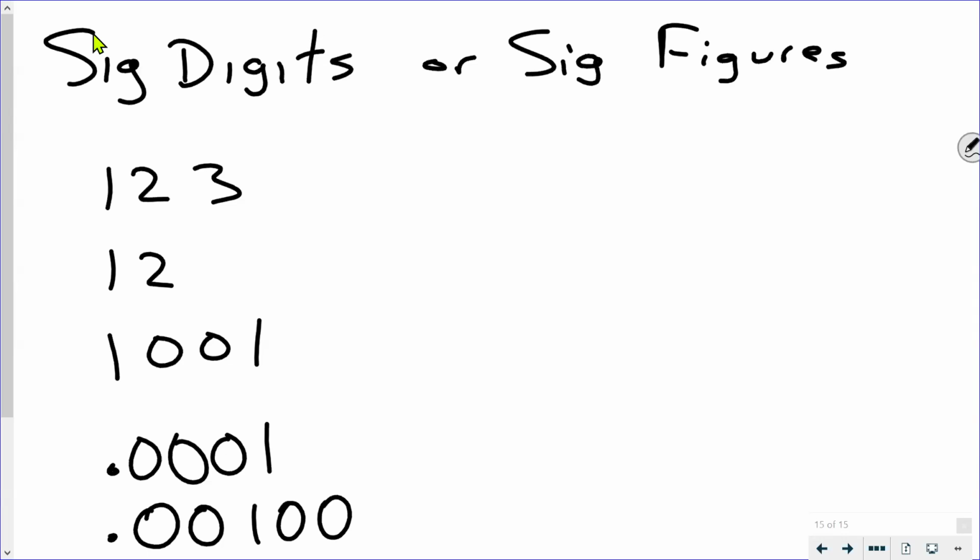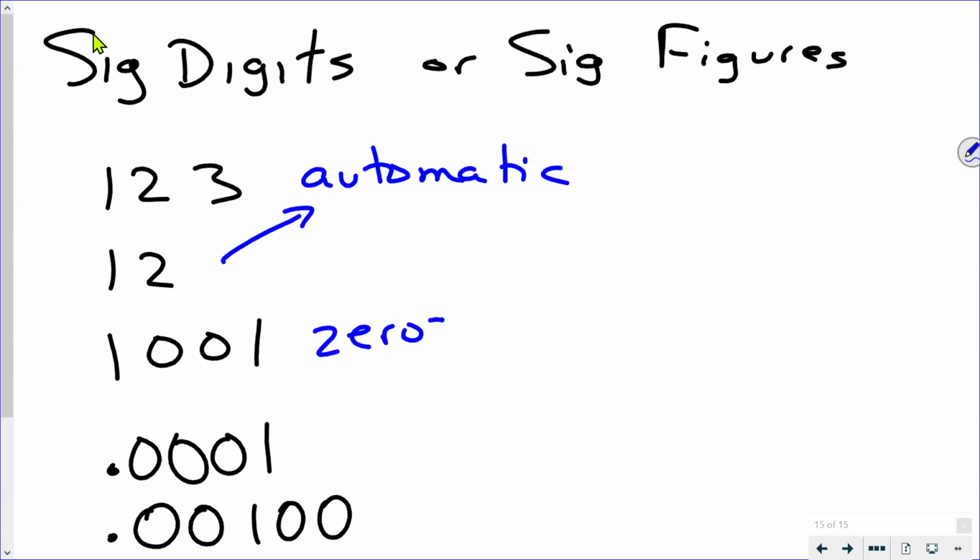Correct. But what about 1, 0, 0, 1? I'd say they're all significant because they're zeros between significant numbers.